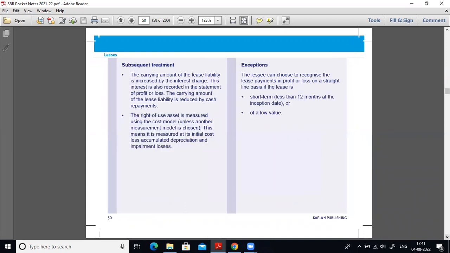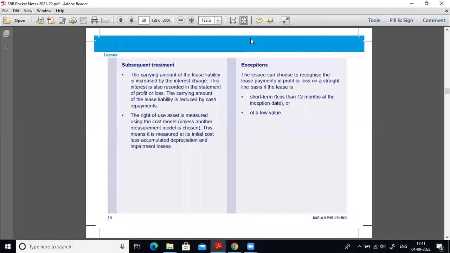Now, when it comes to the subsequent treatment, the carrying amount of the lease liability is increased by the interest charge, and this interest is also recorded in the statement of profit or loss. I believe you might be aware there is a concept called finance cost, which will be accounted, and the carrying amount of the lease liability is reduced by the cash repayments.